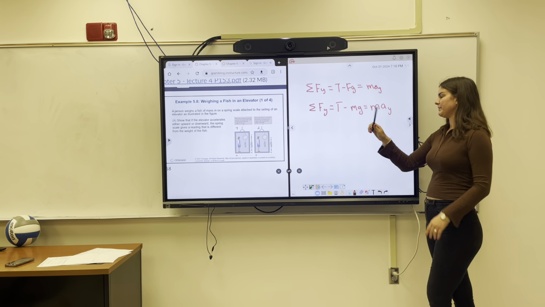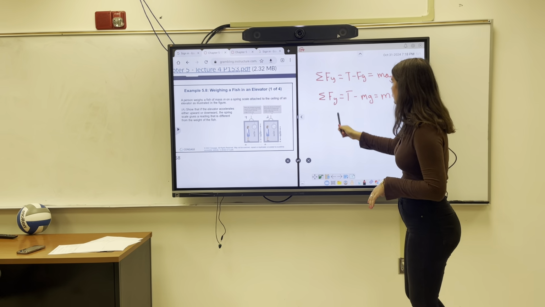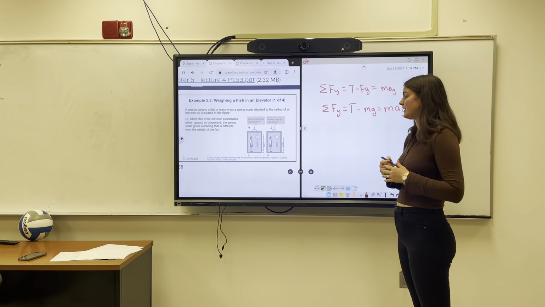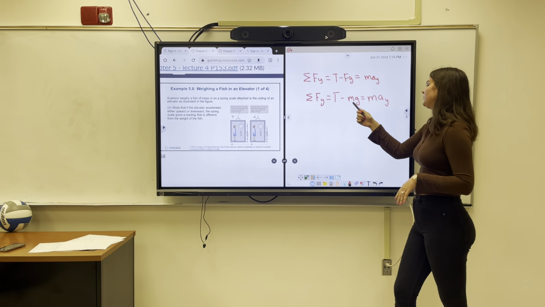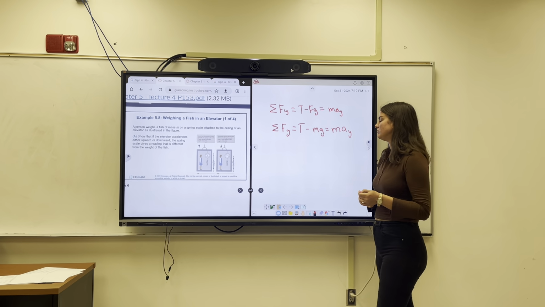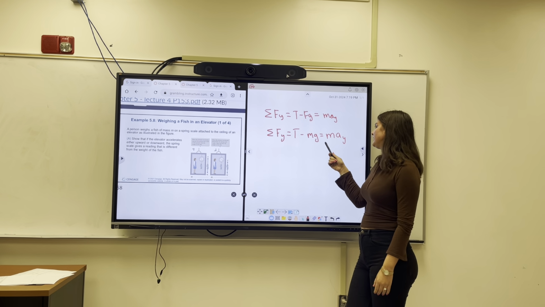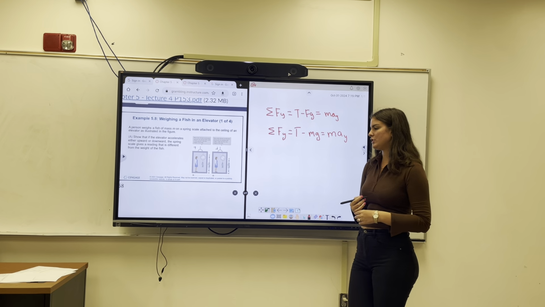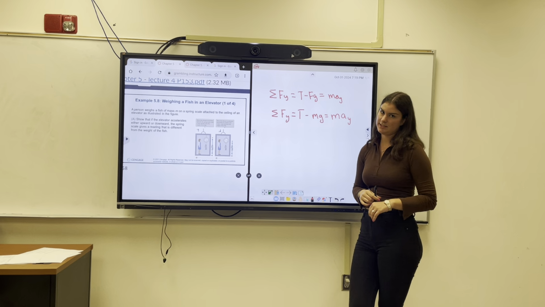Let's go through the components. Fy is all the forces on the y-axis that are present: we have tension, then we have the gravitational force, which is written as the mass times the gravitational constant, and then we have mass times ay, where ay is the acceleration on the y-axis.